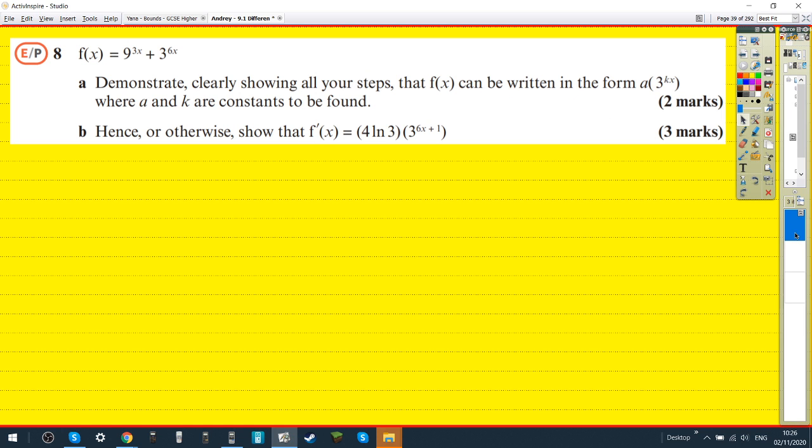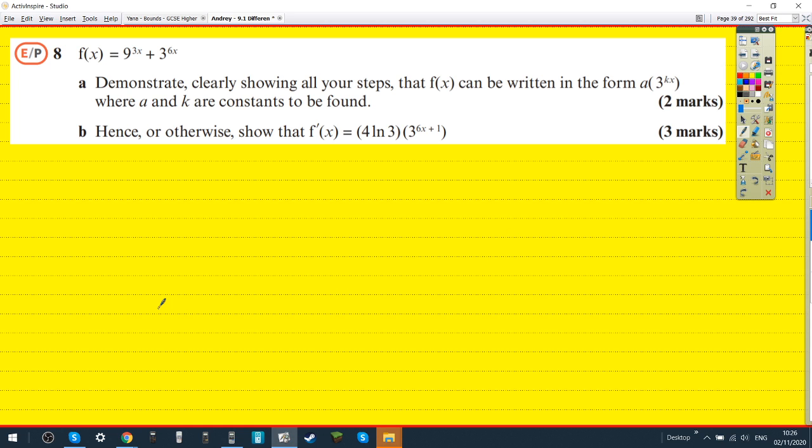Okay, how about this one? I think I get it. I'm guessing, are they asking me to differentiate it again? Or? So first they're saying write it in the form of a times 3 to the kx.